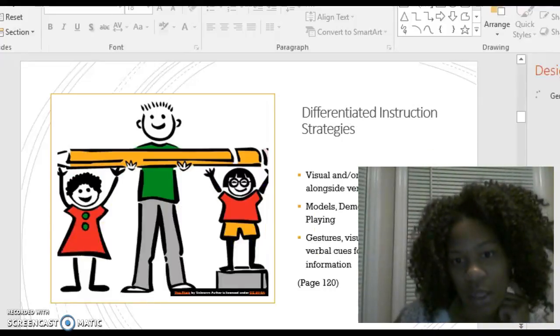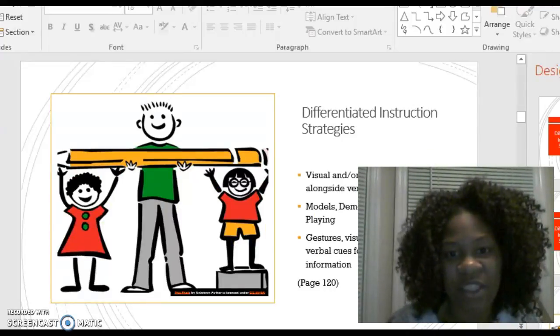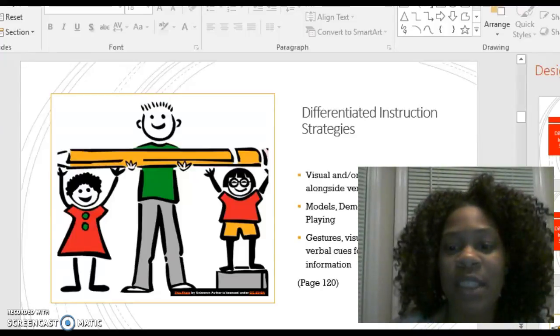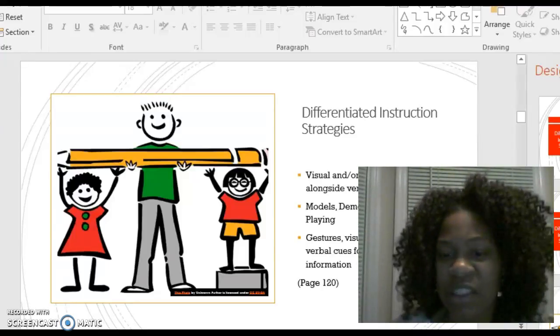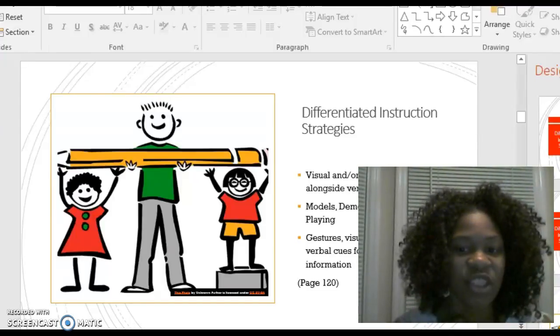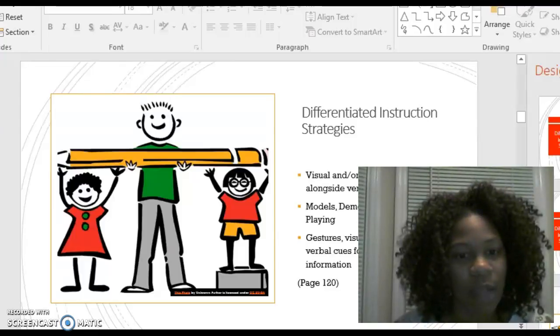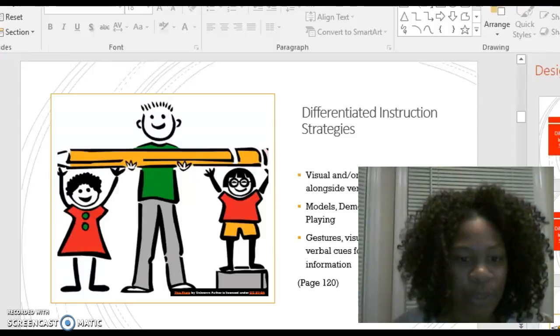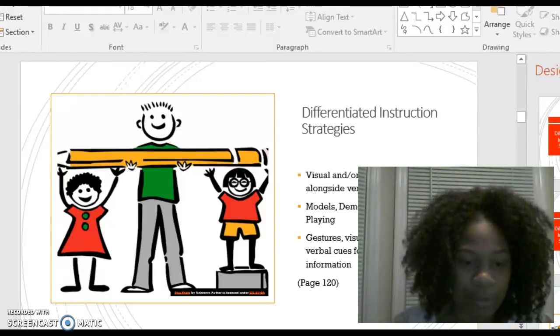The next one, I'm talking about differentiated instruction strategies. These are very important, especially because students vary so much on what they understand or how their brain functions to get the information to process to where they do grasp it.